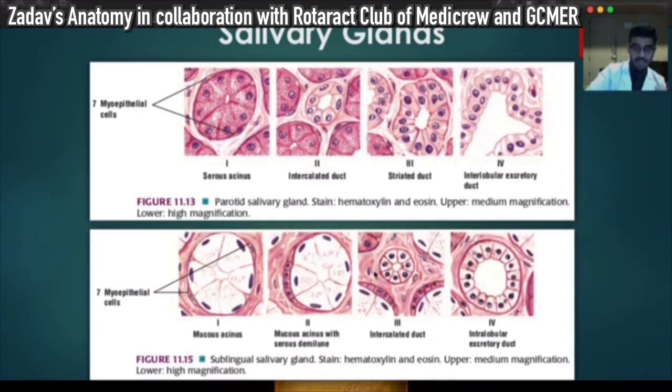So in salivary glands, some of the most common questions asked are: differentiate between serous and mucus acinus, talk about the myoepithelial cells, describe in detail the duct system, speak about the intercalated and the striated ducts, and of course another question they commonly ask is the similarities and the differences between a serous salivary gland and pancreas.